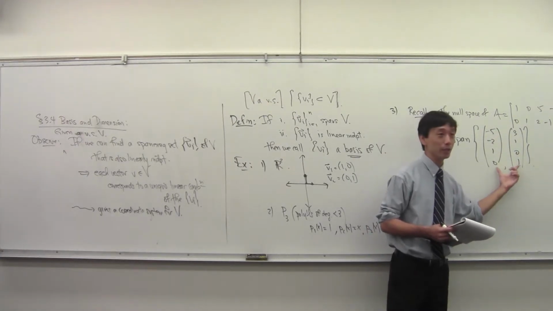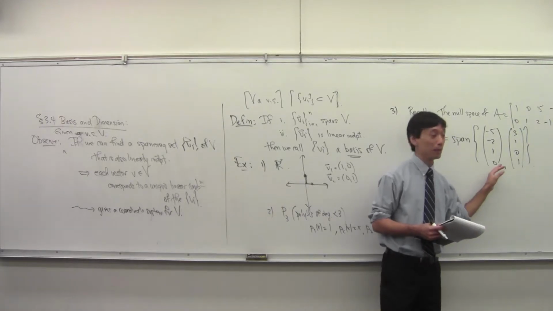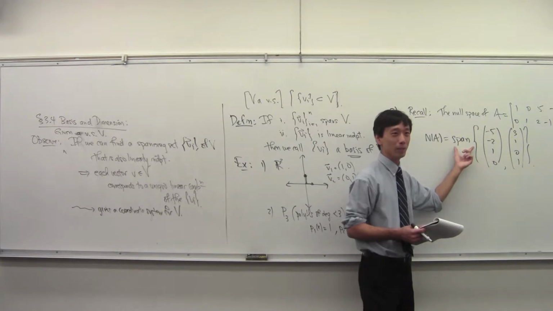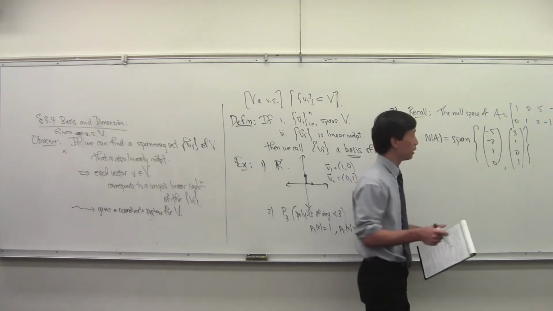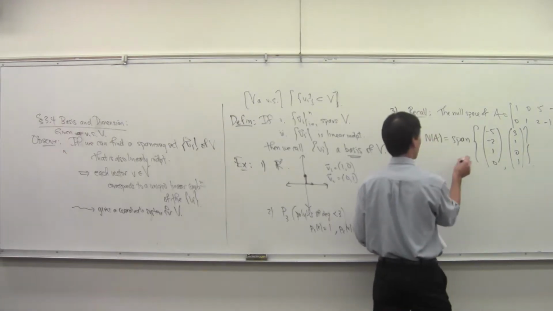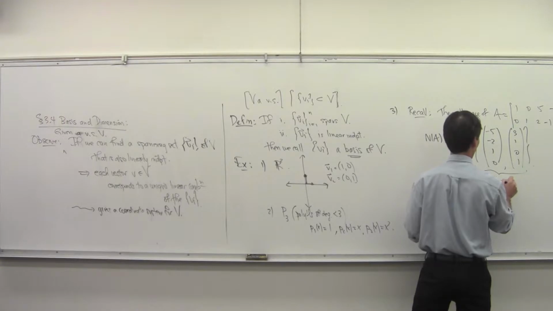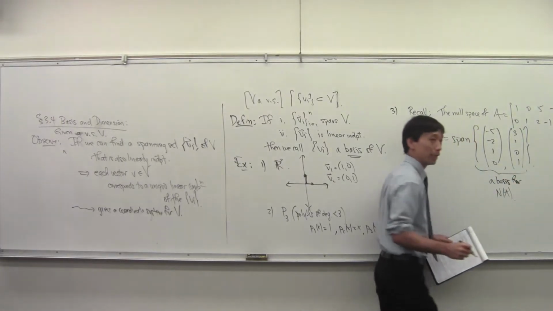So they're not linearly dependent; they're linearly independent. It's clearly a spanning set, and these guys are linearly independent. So this is actually a basis for the null space of A.